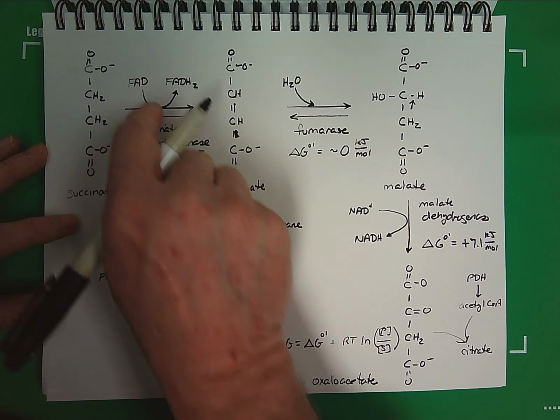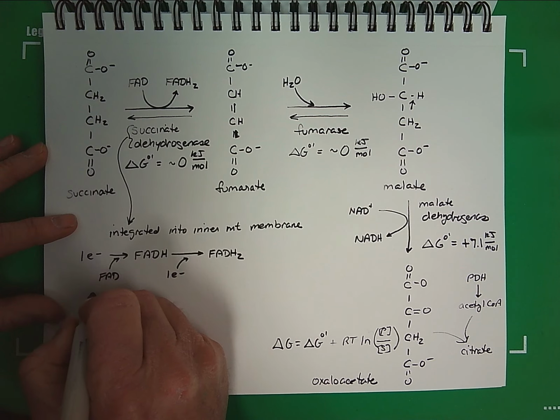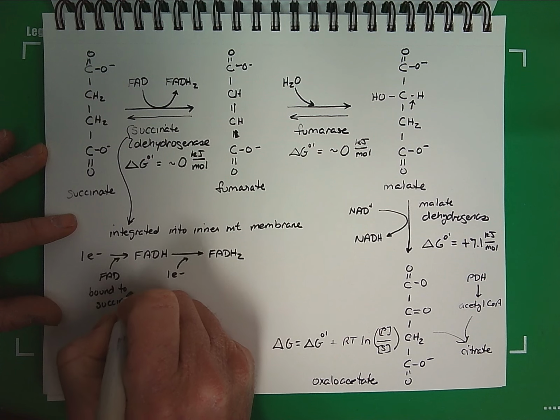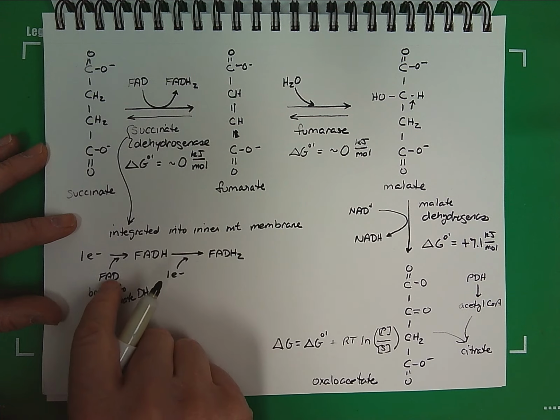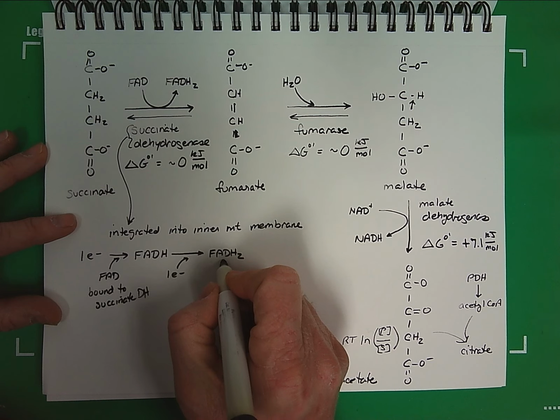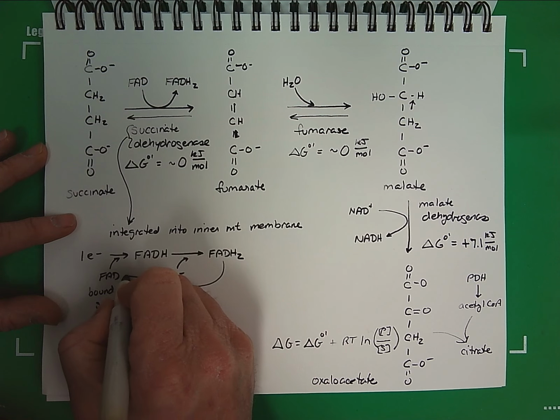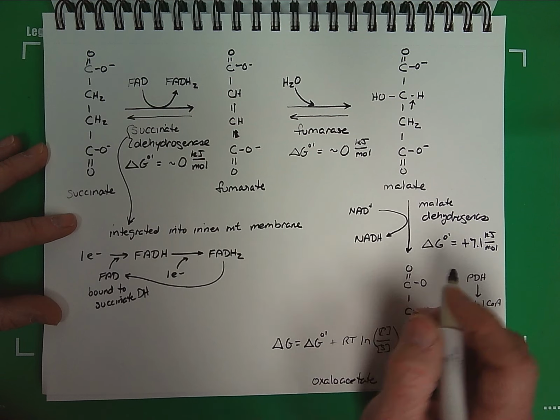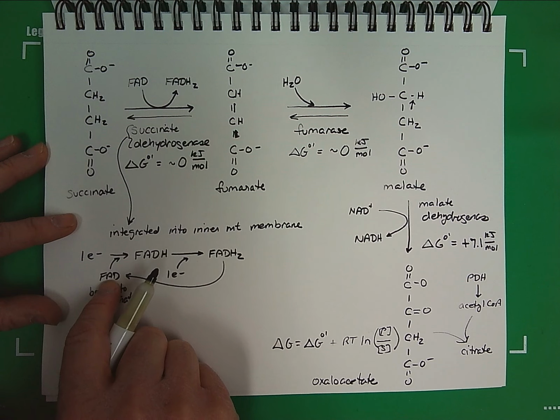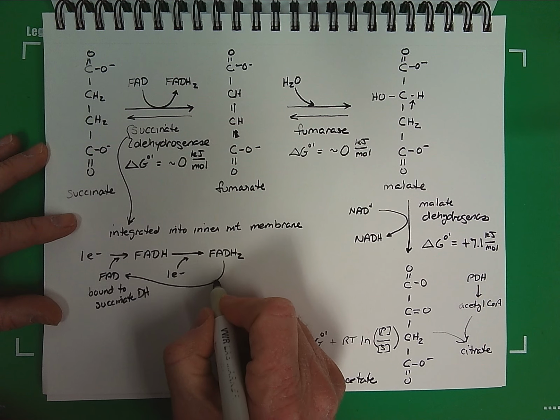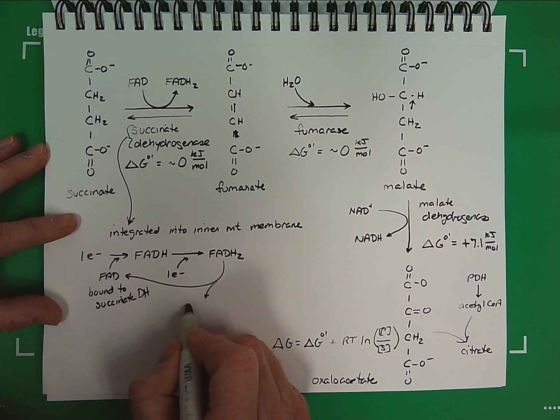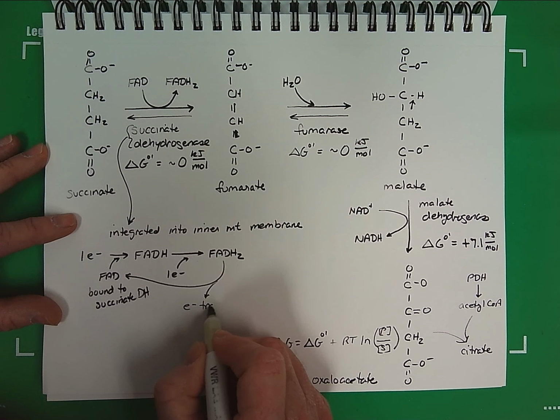And so the FAD is permanently bound to succinate dehydrogenase. So that means in order to return to the oxidized state, in order to keep the enzyme going, we have to transfer these electrons off into the electron transport chain.